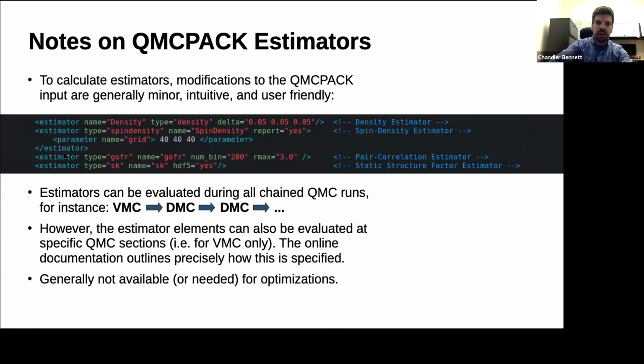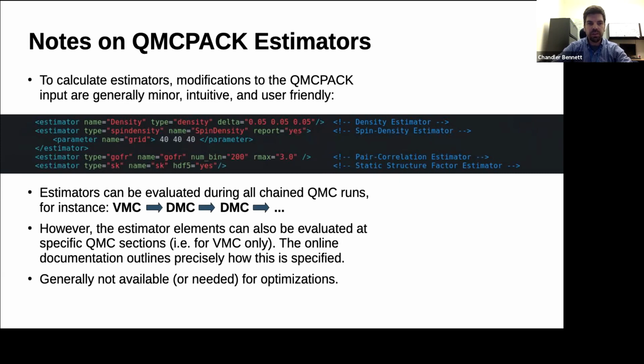In the input, I provide these XML elements, and I'm calculating density, spin density, the pair correlation estimator, and the static structure factor estimator. Most of these are just one-liners that fit into the QMCPACK input. So that makes the practitioner's life very easy.